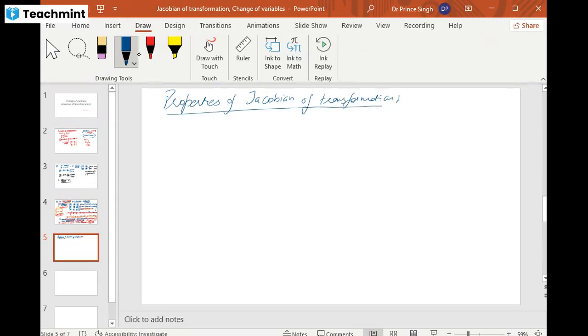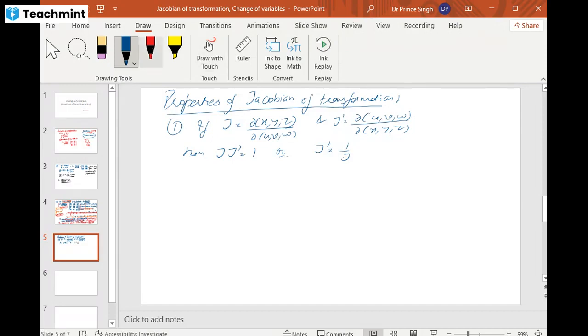Okay, the first property is, if J is equal to, say, Jacobian of x, y, z with respect to u, v, w, and say J dash is Jacobian of u, v, w with respect to x, y, z, then J into J dash is equal to 1, or we can say that J dash is 1 upon J. What does that mean?